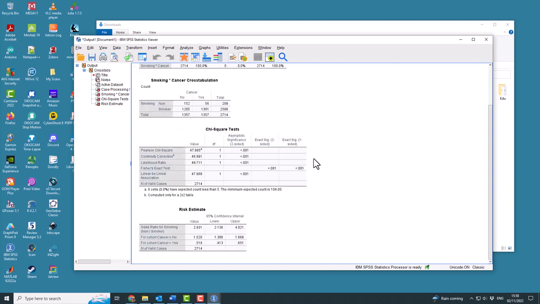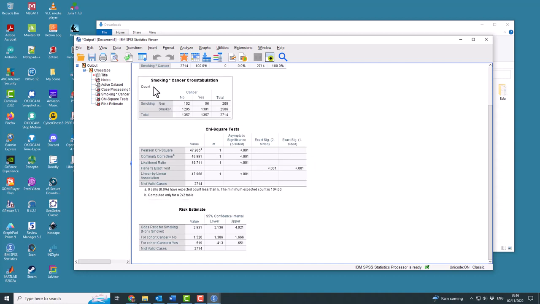Now the hypothesis that you're testing is: is there a difference in the probability of getting cancer when you're a smoker or a non-smoker? Is the likelihood the same in both groups? Is the odds ratio 1?